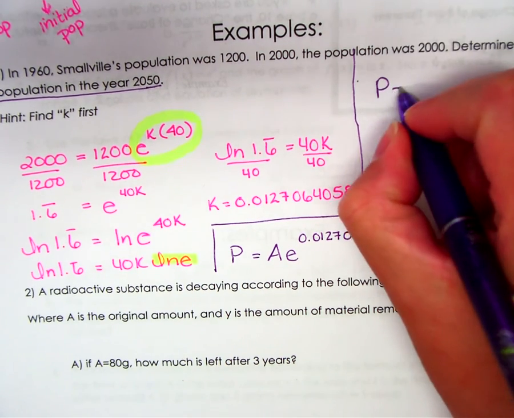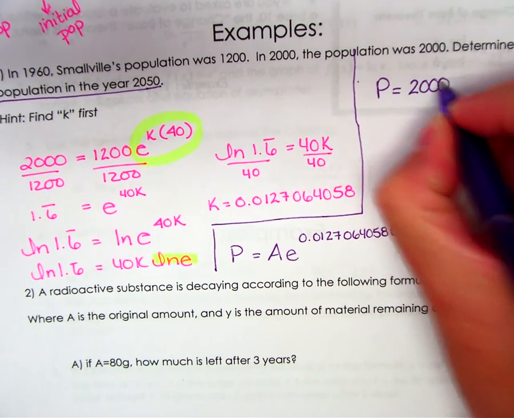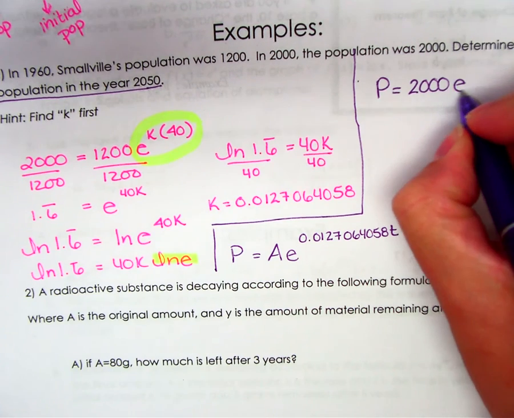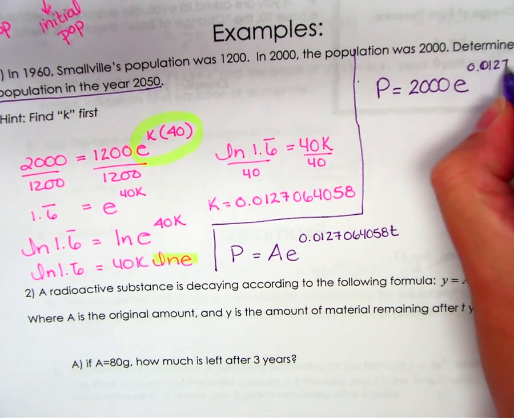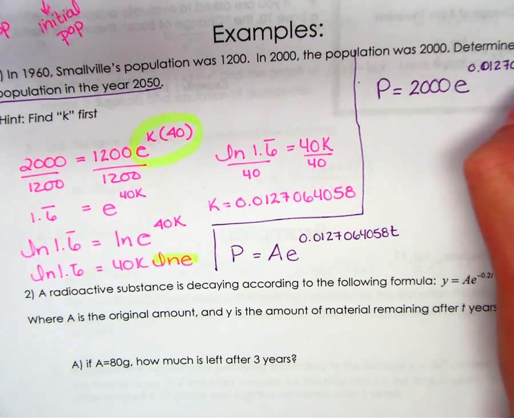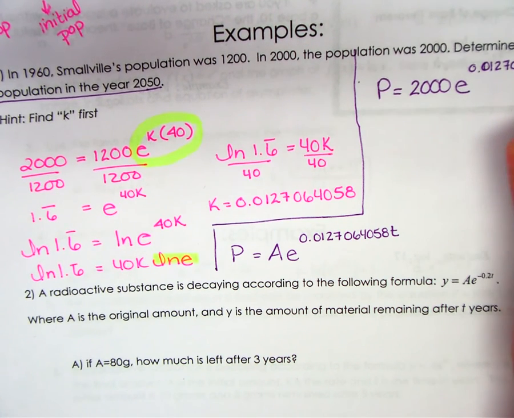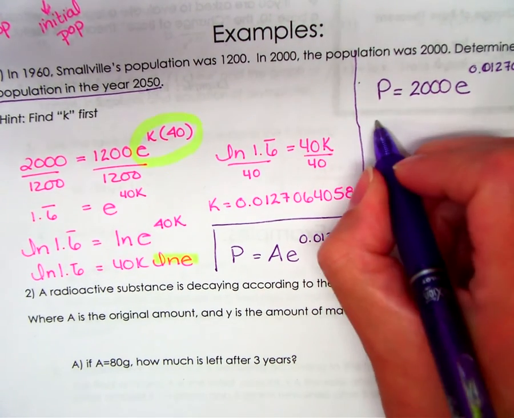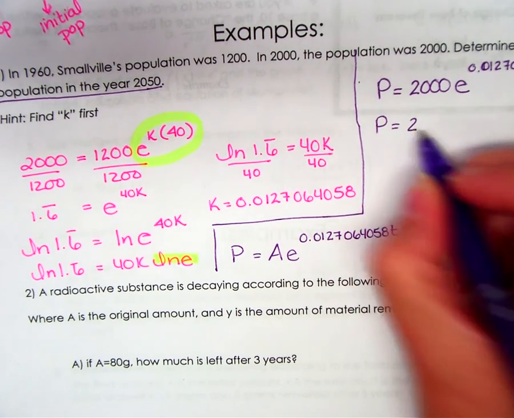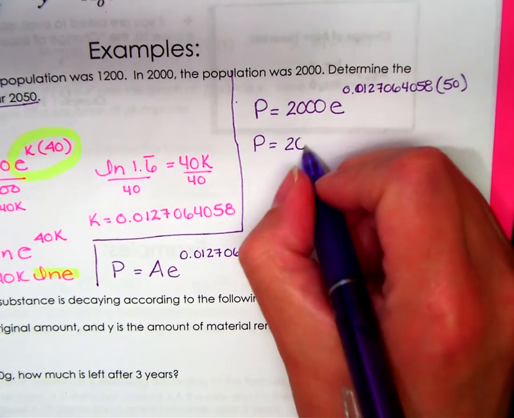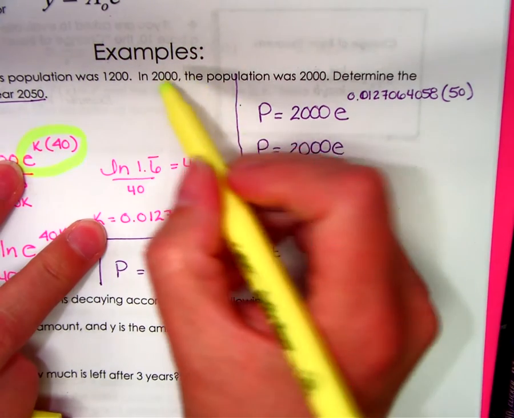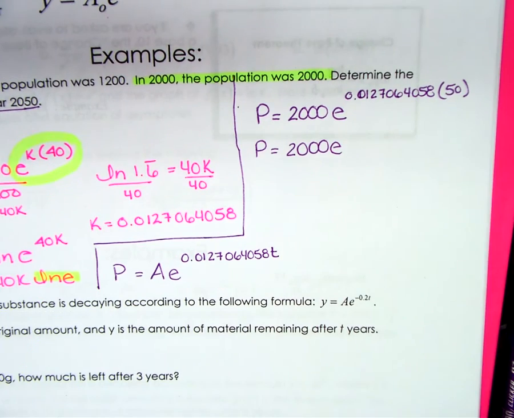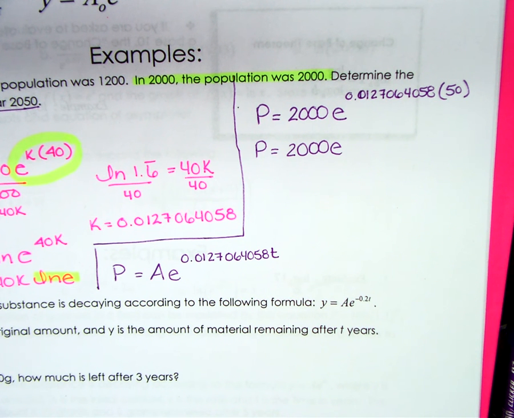So we're trying to solve for population. My initial population was 2000, e to the exponent 0.127064058, and my T is 50 years. Oh, sorry. It doesn't matter, because I used this information as my initial population when solving. You could use the 1200, but your T would be 90 then.